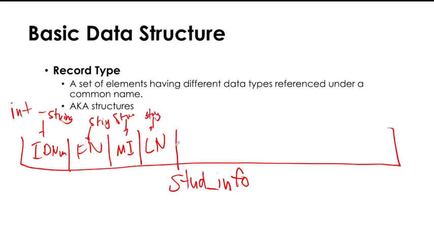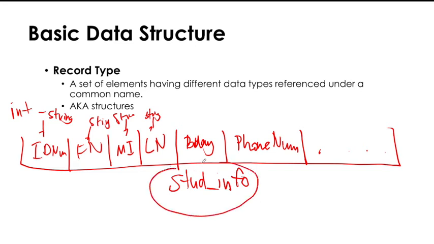Then we have the birthday, phone number, and so on and so forth. As you can notice, it is composed of multiple data types, and they are all referenced under one name. So that is a record type, also known as structures.